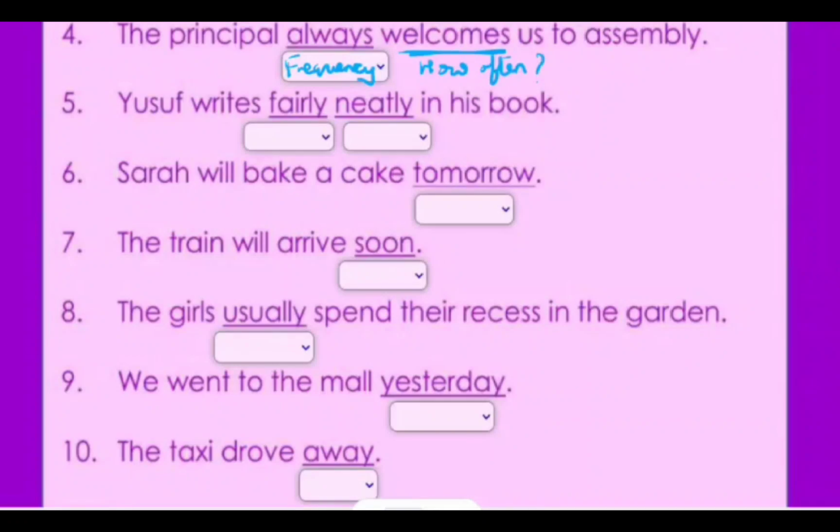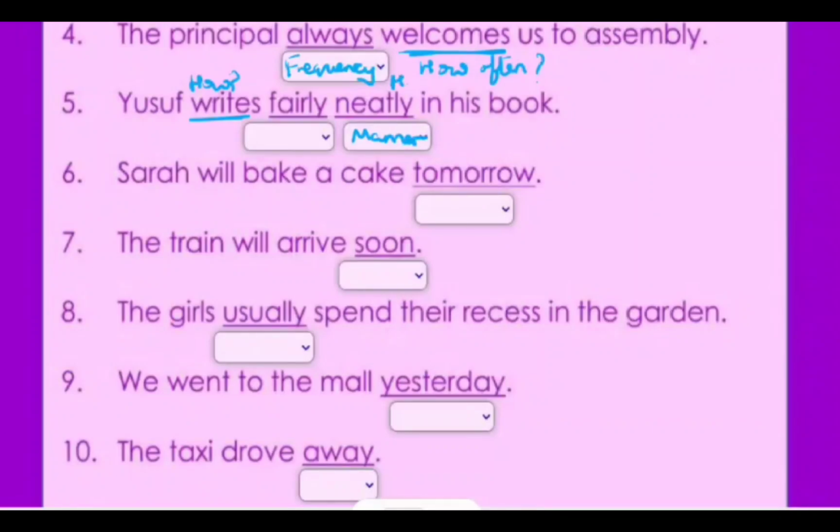Yusuf writes fairly neatly in his book. How does he write? Neatly. So my first question is how does he write? Neatly. So it is adverb of manner because it is answering the question how. How neatly does he write?